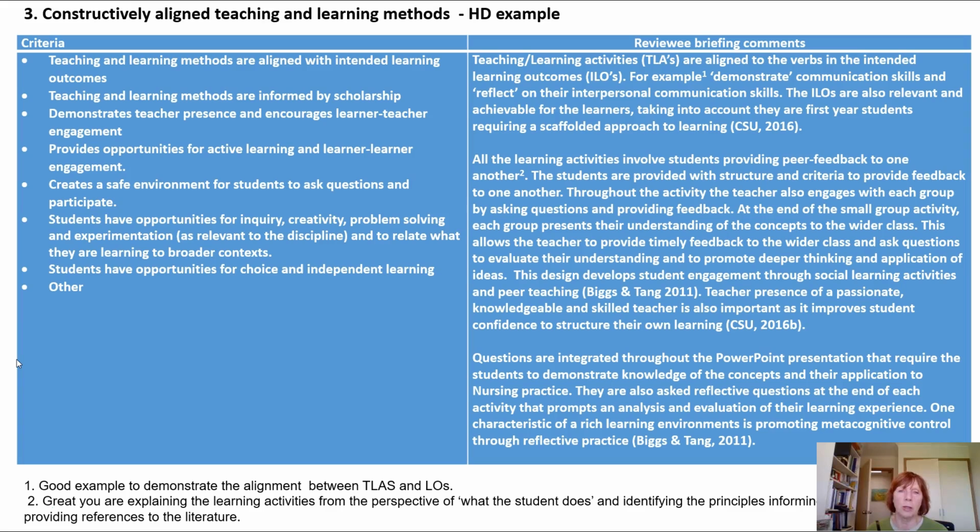The design develops student engagement through social learning activities and peer teaching, and it's referenced to Biggs and Tang in this case. So all of those things make this particular example at a higher level.